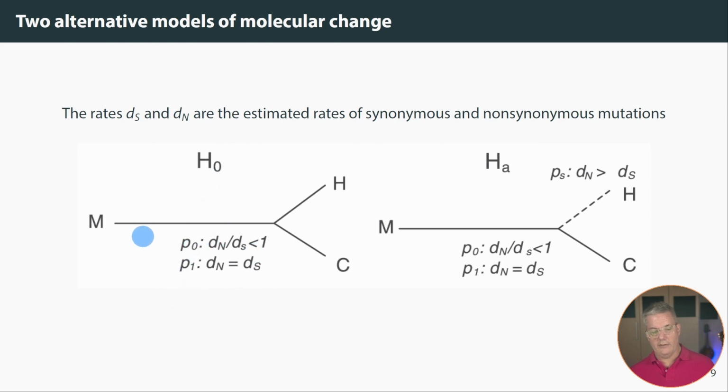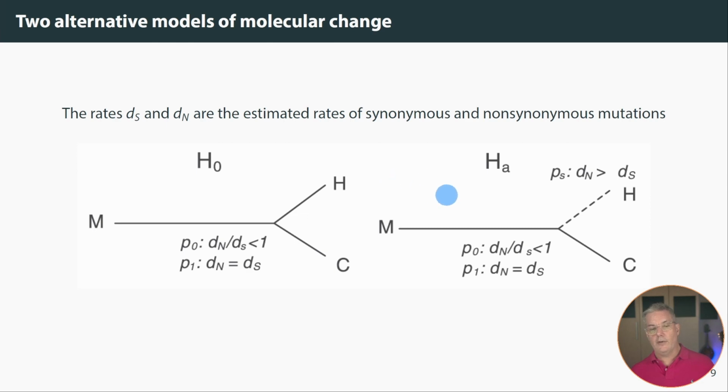In the null hypothesis, we either have negative selection, so the non-synonymous change rate is less than the synonymous change rate, and that ratio is less than 1, or the rates are equal, and that's neutral selection. Here, this means mouse, this means human, and this means chimpanzee. Here we see the common ancestor of mouse, human, and chimpanzee, and we're looking at the rates along each of these branches.